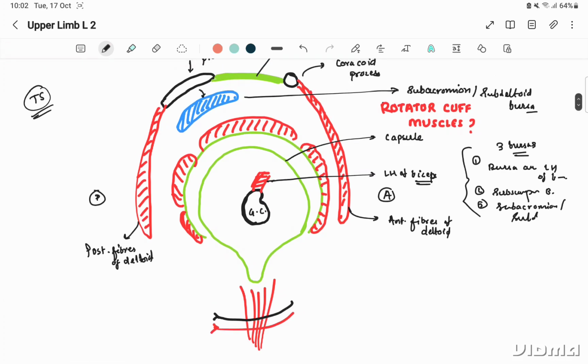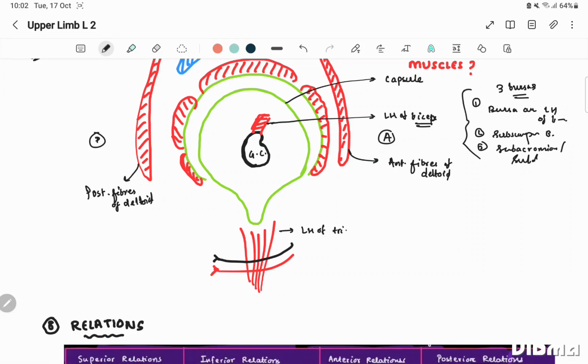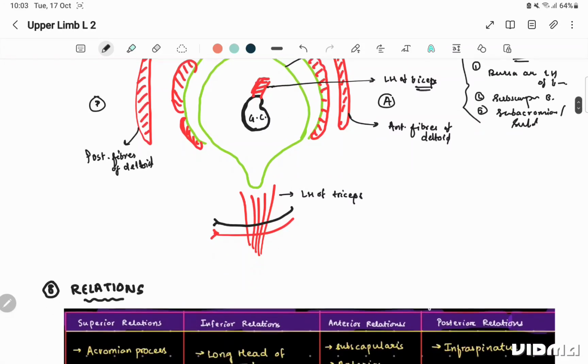Then below the shoulder joint, we have the long head of triceps too. A nerve and artery pass through it. The artery is called the posterior circumflex humeral artery, which was a branch of the third part of the axillary artery, which winds around the humerus posteriorly. And we have the nerve called the axillary nerve.